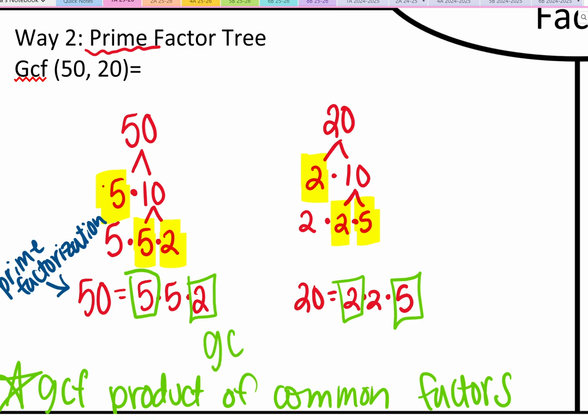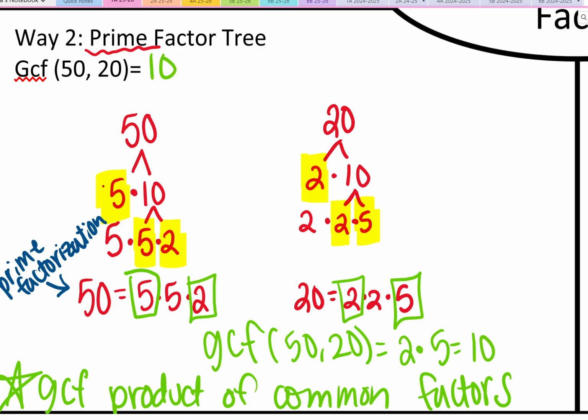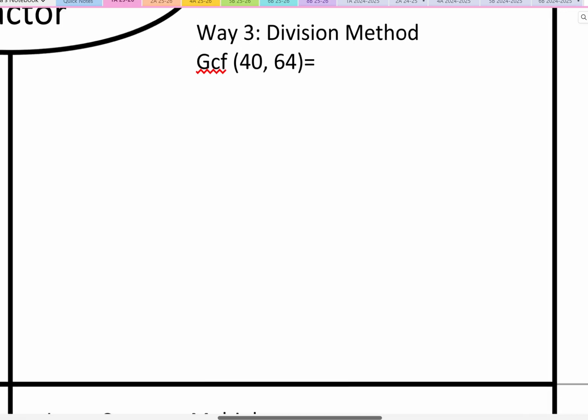So that means the GCF of 50 and 20 is going to equal the product of those two. So 2 times 5, which equals 10. So that means the GCF of these is 10. Yay! Prime factor tree.